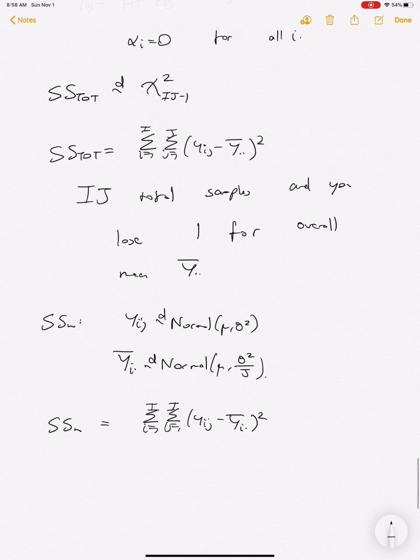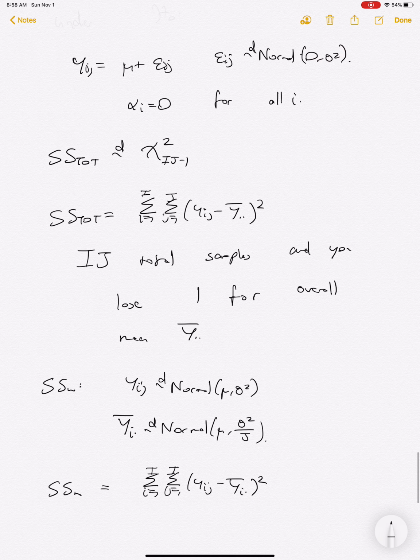I'm sorry, there should be a sigma squared in there, shouldn't there? Yeah, so this should be SS total over sigma squared, I'm sorry.